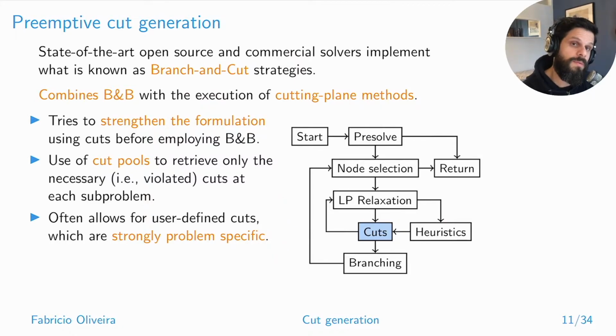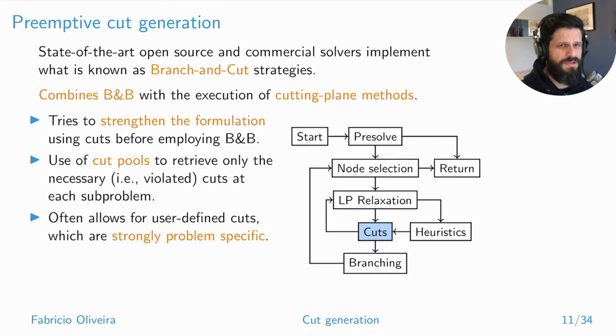Most of the solvers allow you to define user-defined cuts. So other than a predefined selection of cuts that each solver has available, quite often you can define your own cuts. So if you happen to know a specific inequality that is valid in your problem, you can include that in your branch and bound process.